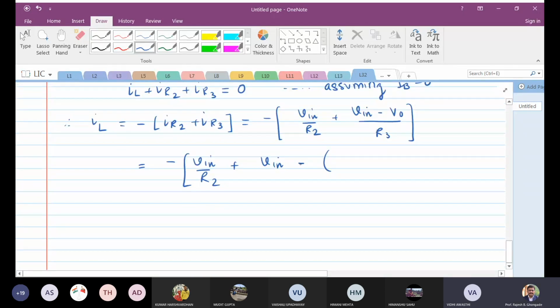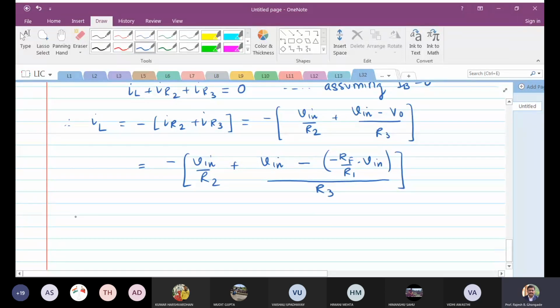So minus of RF by R1 into V in, all divided by R3.